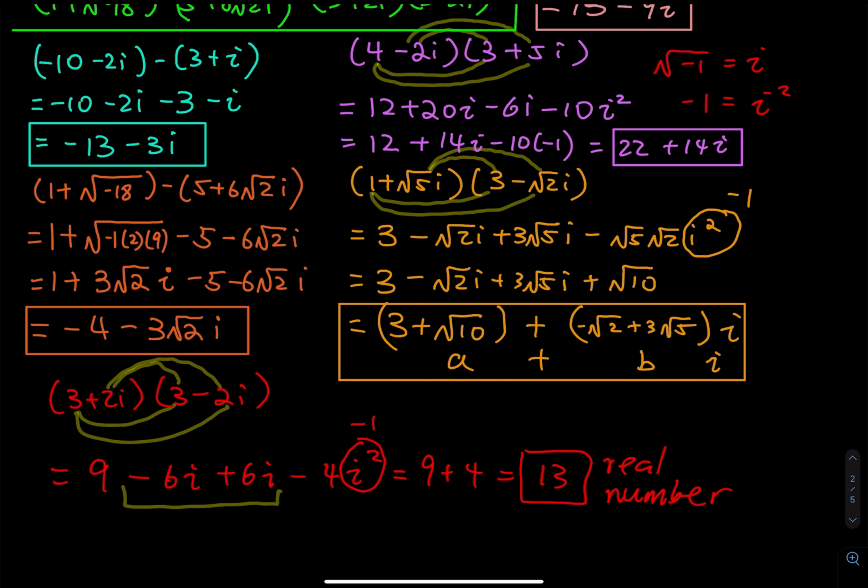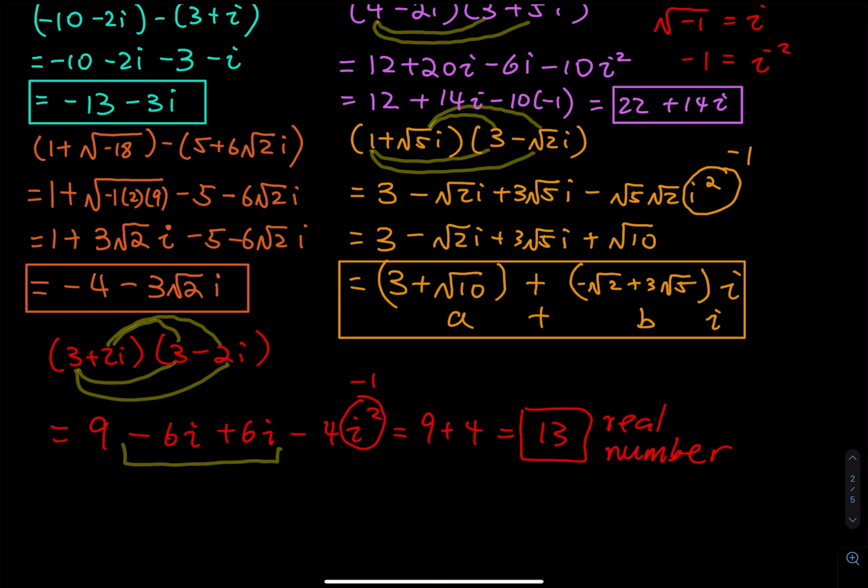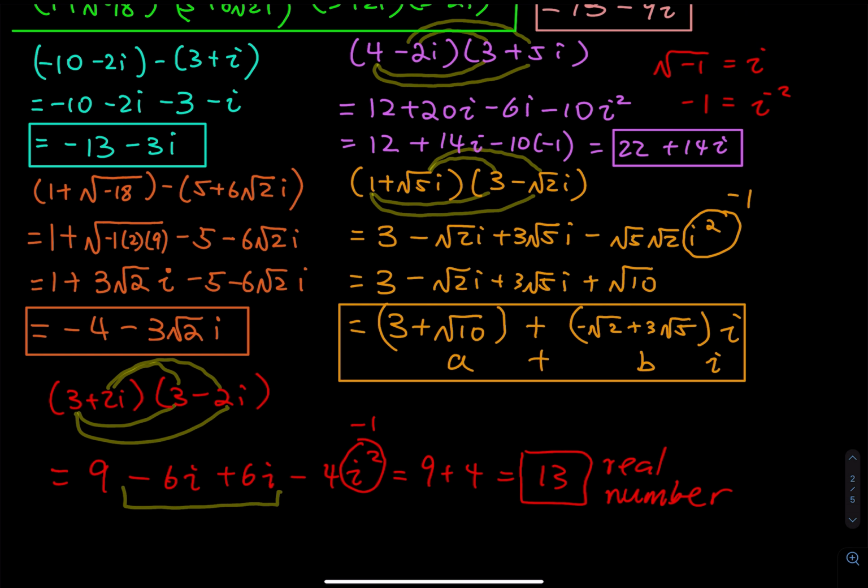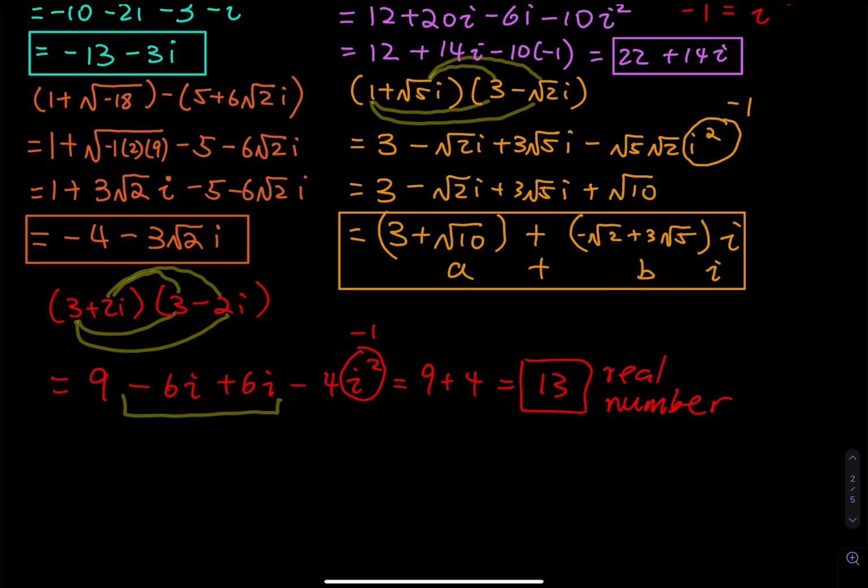Do you know why? For the previous two problems, you have an i. This one you have a 14i, this one you have an i, but this one has no i. Do you know why? The answer is, this is a 3 plus 2i, and the other one is 3 minus 2i. So you have a 3 and a 2i, but when you look at the sign, they are opposite, one plus, one minus.